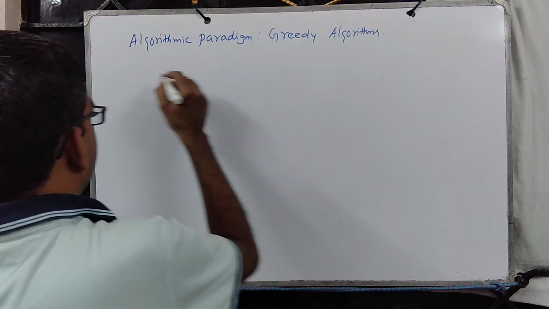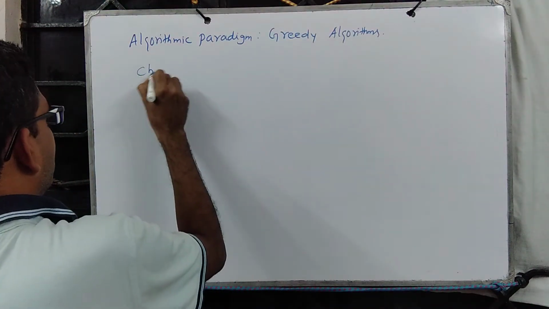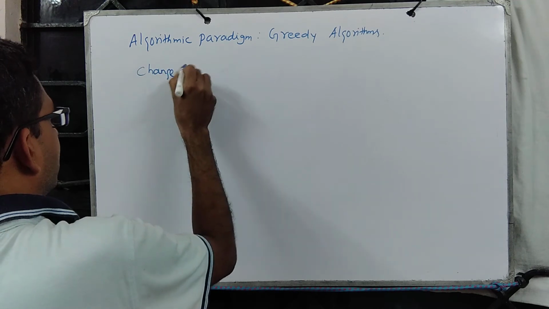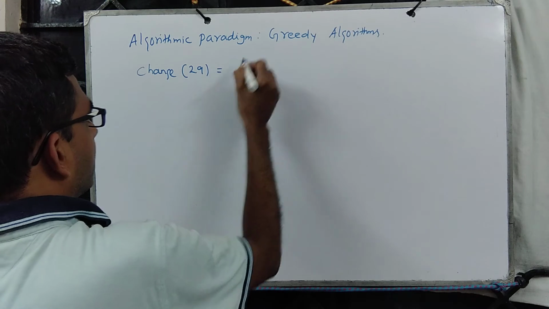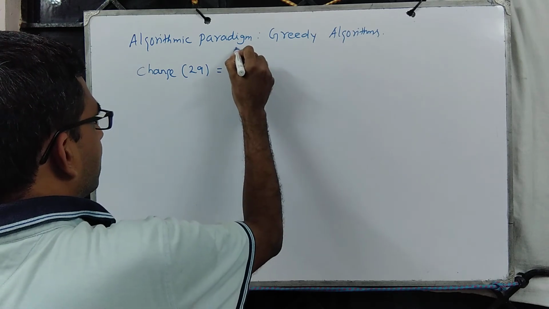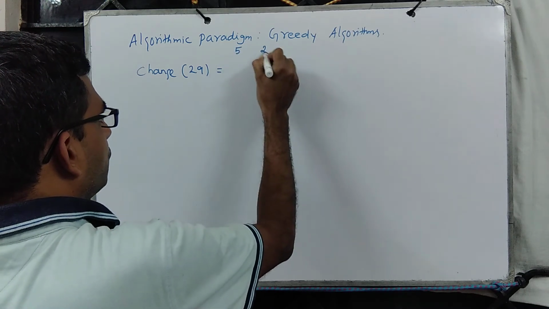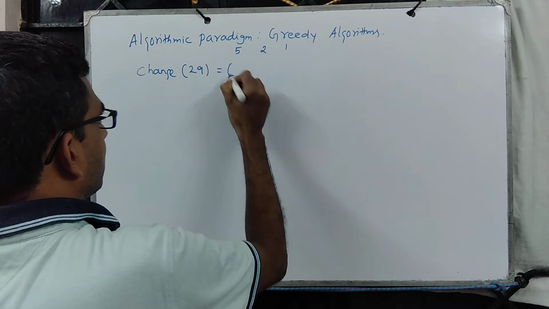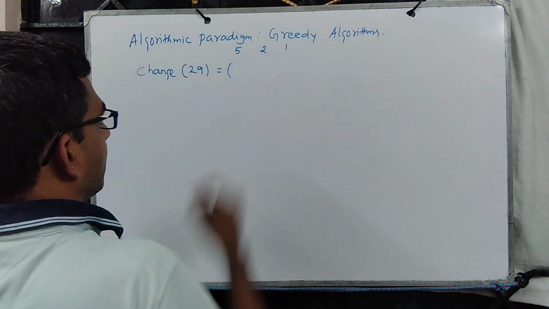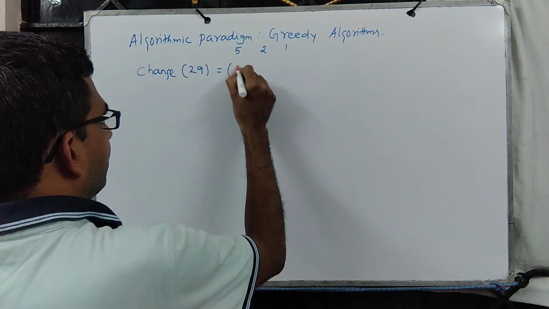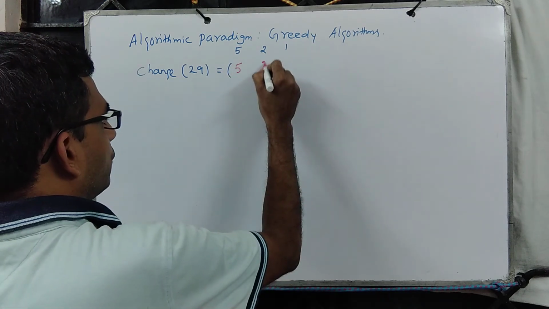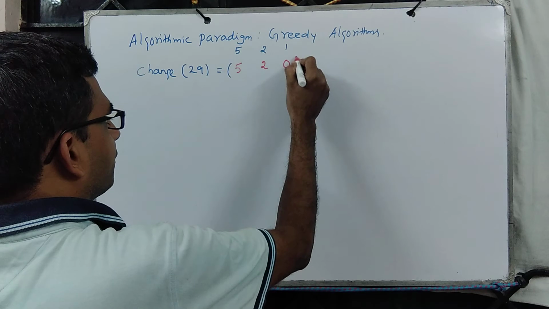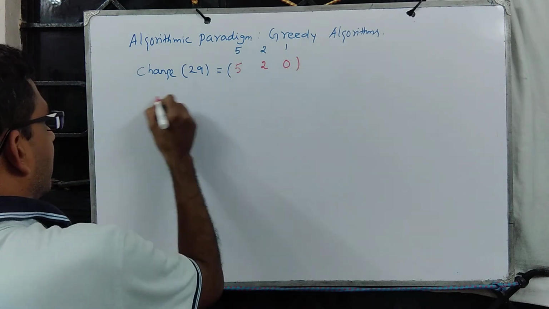Fine. If we continue our approach for some more examples, take change for say 29: supply 5 rupee coins and 2 rupee coins, 0 1 rupee coins.